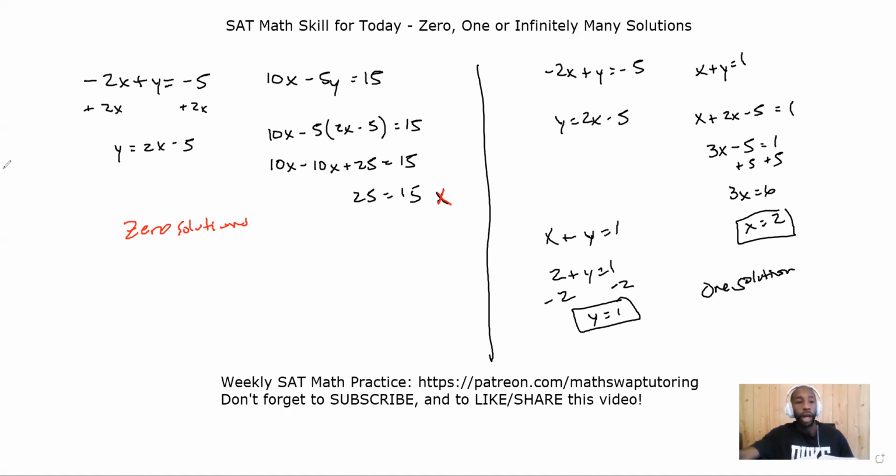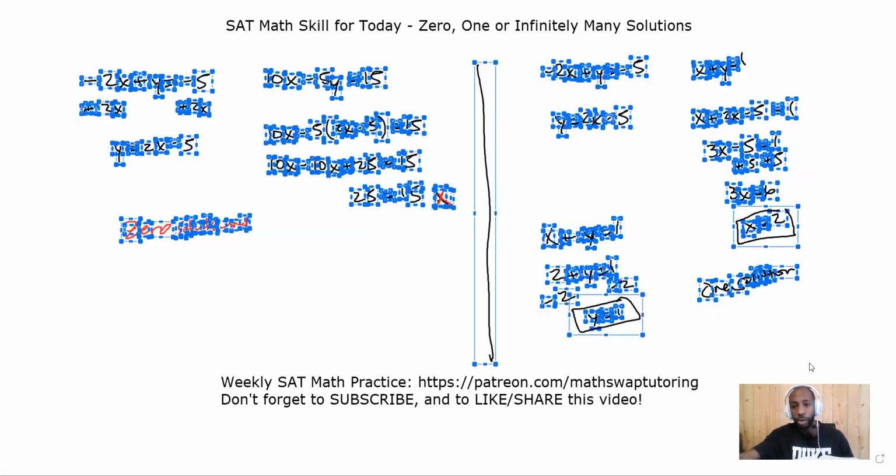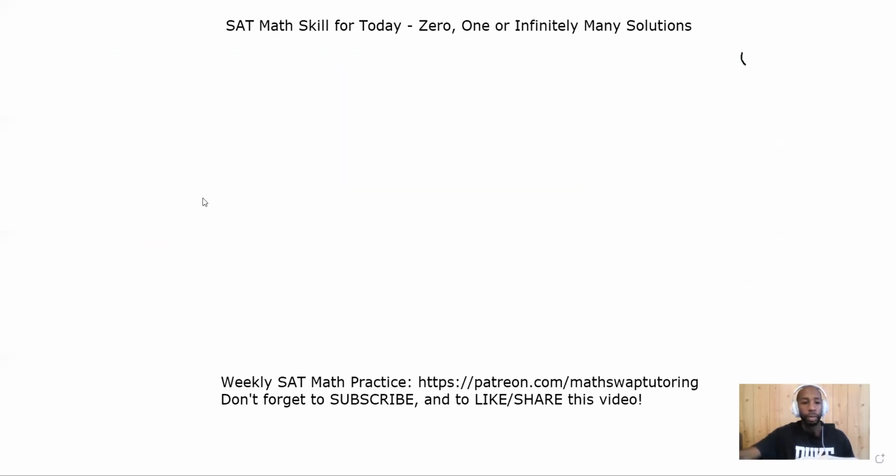Now, what about this here? And you already kind of know what I'm going after, but let's just go through the formality of it all. So same first equation. And how about this one here? 4x minus 2y equals 10.